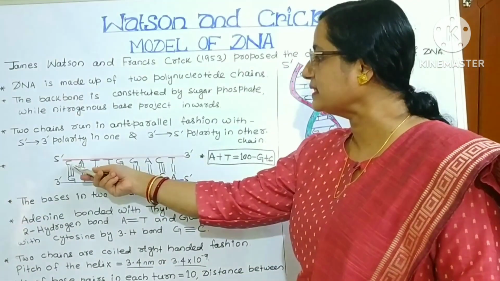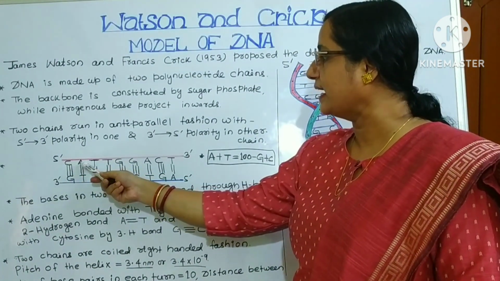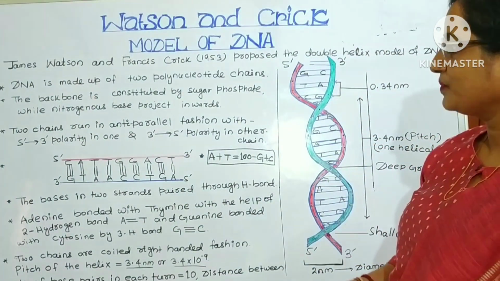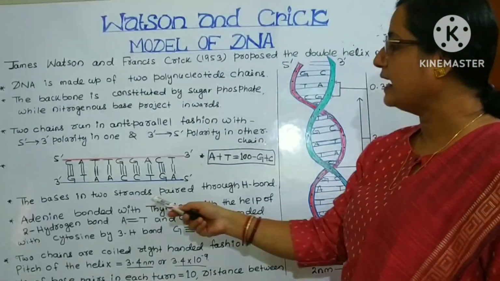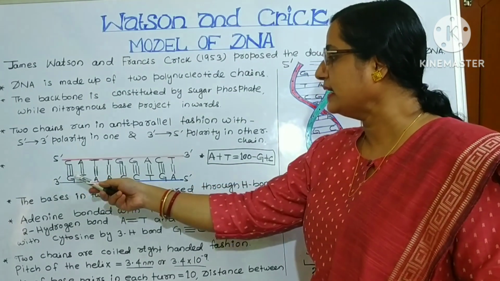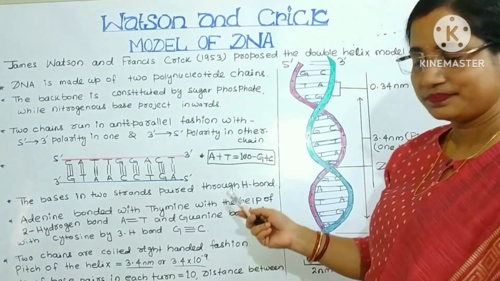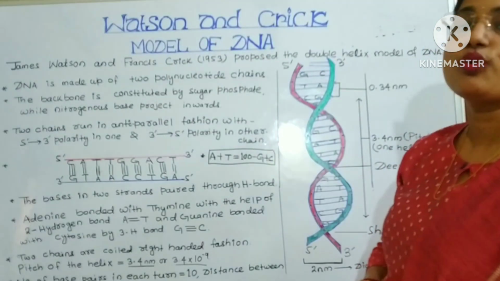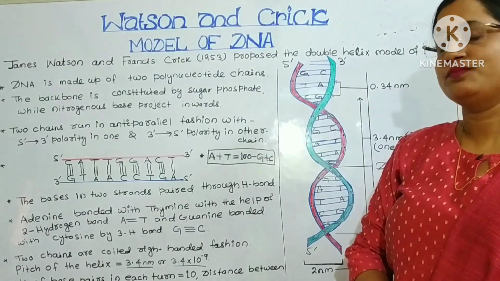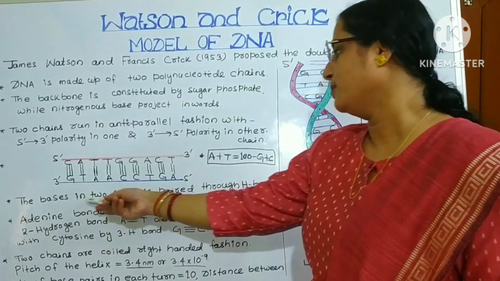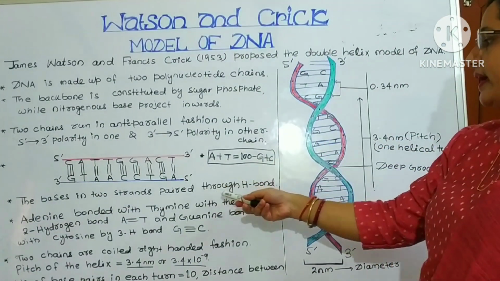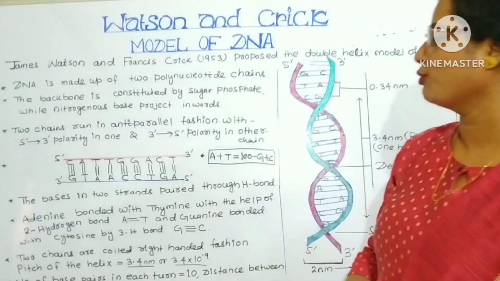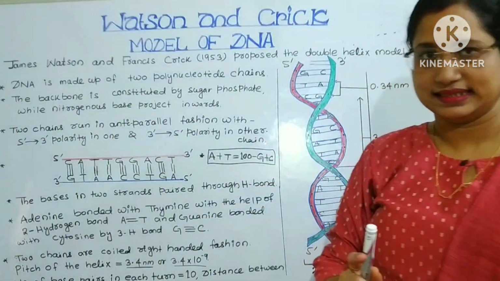Here the nitrogen bases in one strand are cytosine, adenine, thymine, guanine, and in the other strand guanine, thymine, adenine, and so on. These two strands are attached together through hydrogen bonds, which are formed between the nitrogen bases.